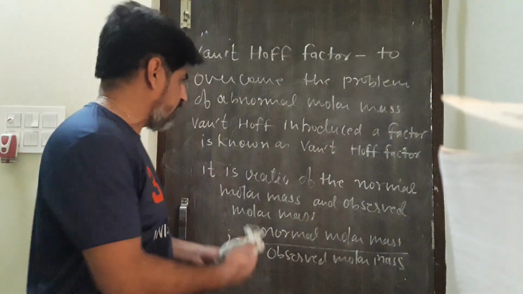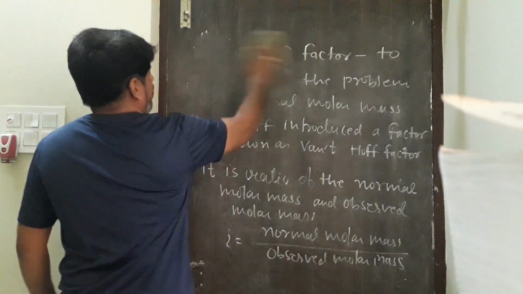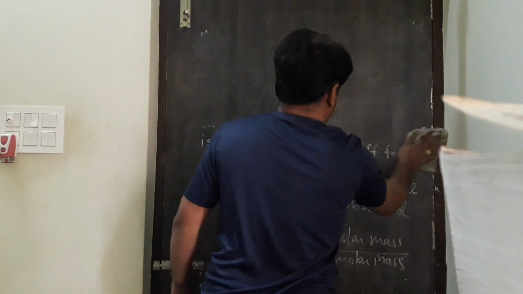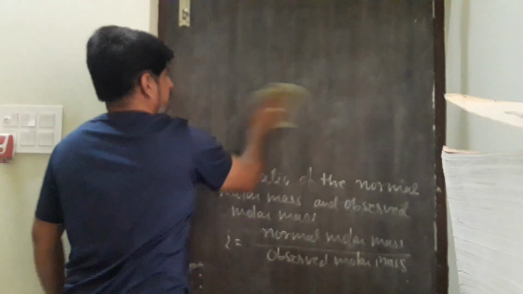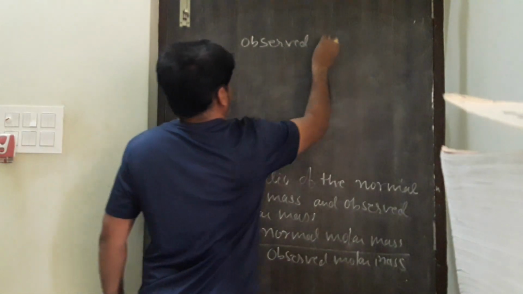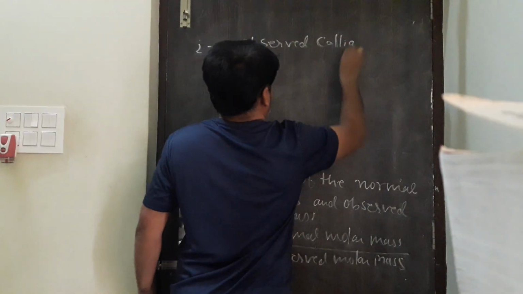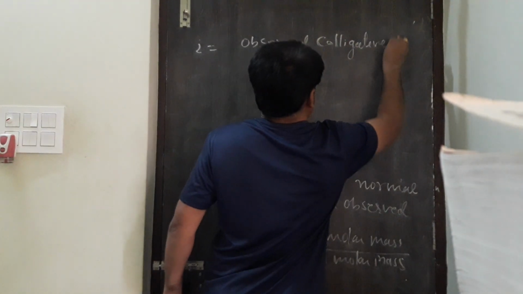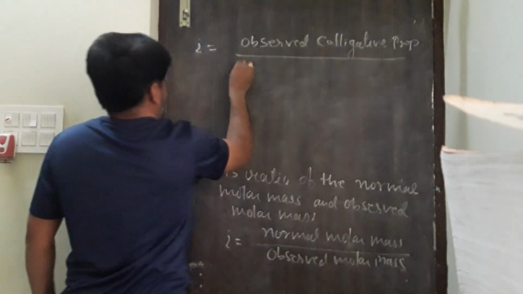It can also be explained through some more formulas in terms of colligative property: observed colligative property upon calculated colligative property.